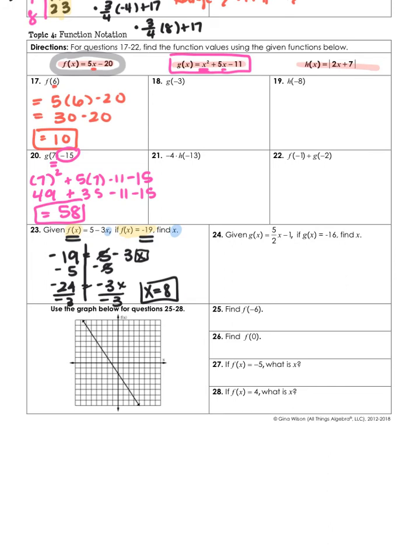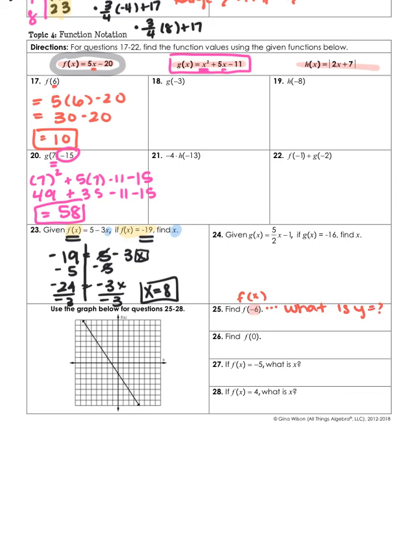For number 25, it says to find f of negative 6. So that means, remember, this is your x value, right? Because when we write these, it's like f of x. So that's when x is negative 6. It's asking you, what does y equal?